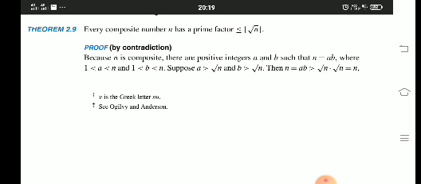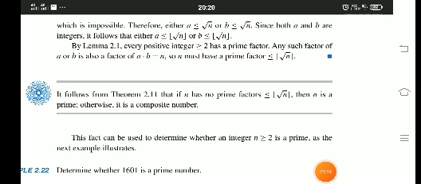Then n equals ab, which is greater than root n times root n, that equals n, which is impossible.